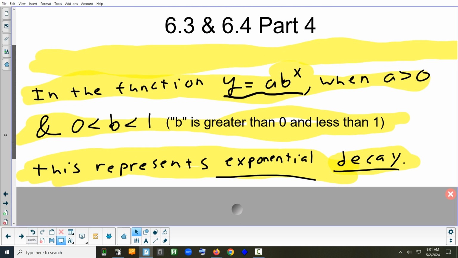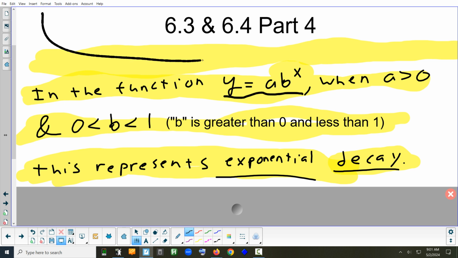When you draw exponential decay, how does it look as you go to the right? It curves down, and it looks like it flattens out. It never really flattens out, but it gets flatter and flatter. So that's exponential decay.